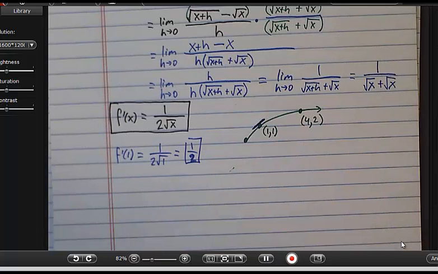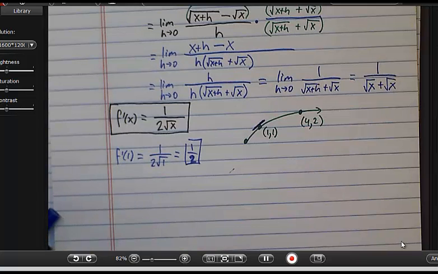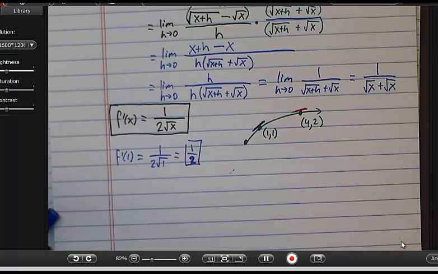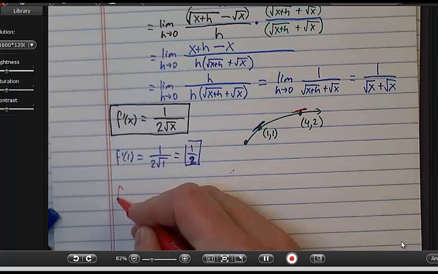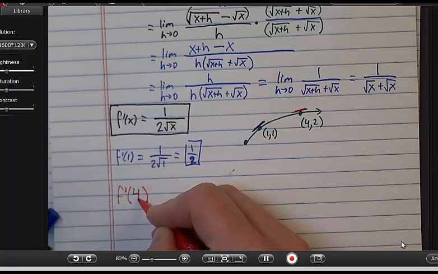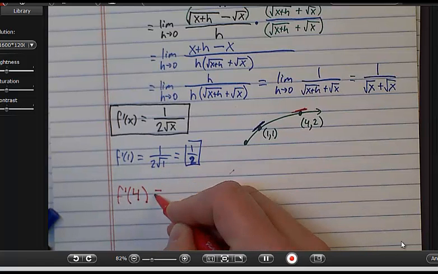So now we could find the slope of any tangent line. Let me do the one at 4 here. If I want to find the slope of that line, it's not going to be as steep. How do we do it? We write down f prime of what? You always put the x value there. 4. How does the formula work, this derivative?